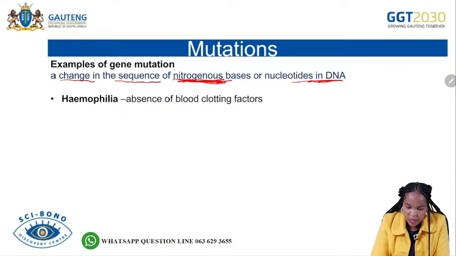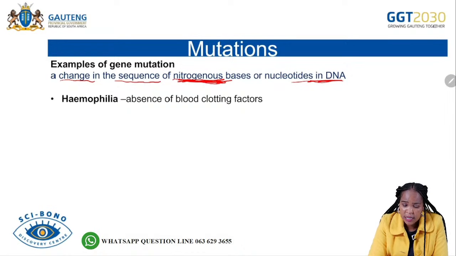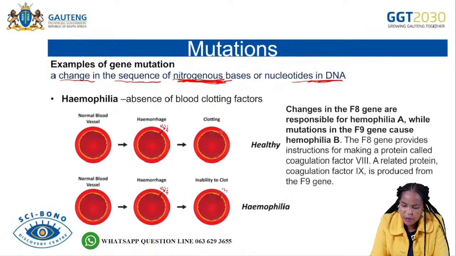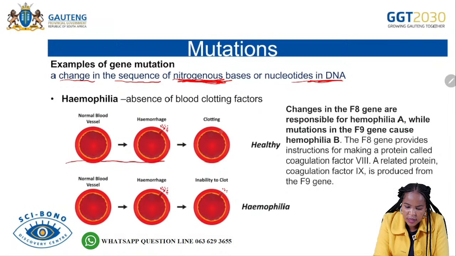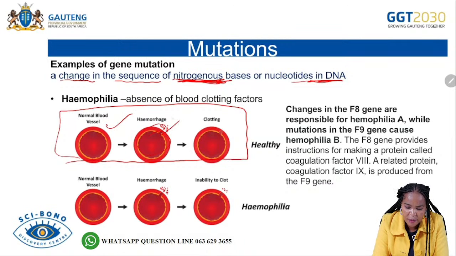So what is hemophilia? It was already explained in the previous slides that it is the absence of clotting factors. You see those people who have bleeding problems, when they bleed they cannot stop. When you take a look at this, the first three red blood cells, you see that this is the blood of a normal person, and then the person gets a breakage or a hemorrhage.